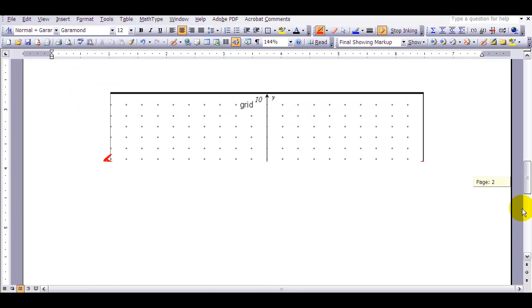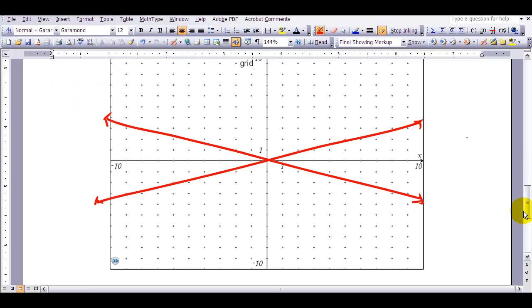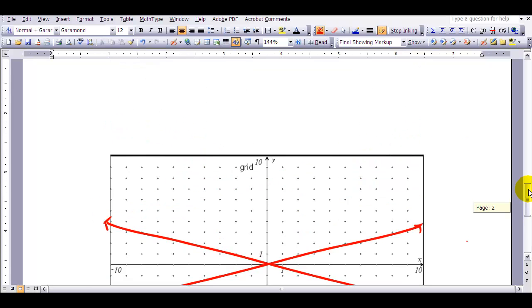So if I come down here and use slope-intercept form, the intercept is at 0, 0, slope of 2/5, so up 2 over 5, or the slope of negative 2/5, up 2 over negative 5. So these would represent those two asymptotes for my hyperbola.